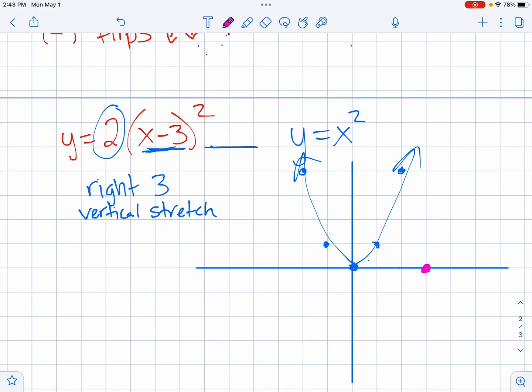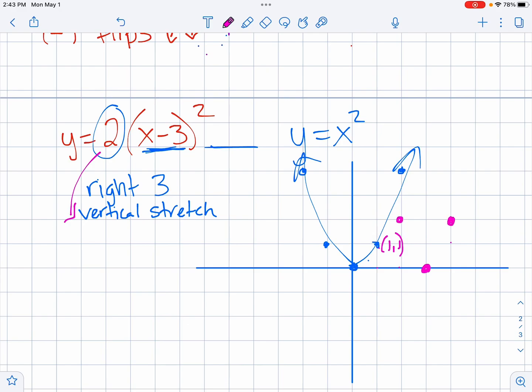And then it vertical stretch by 2. This point right here is at 1, 1. We're vertically stretching, which means we're affecting the y value. So 1 times 2 is 2. So instead of going up 1 over 1, I'm going to go over 1, up 2.